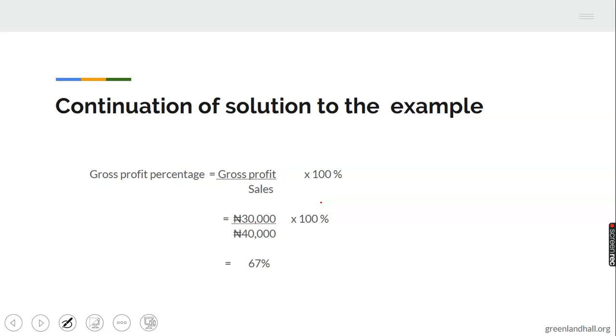The next one we'll be looking at is gross profit percentage. Gross profit percentage is determined by dividing the gross profit by sales, then multiplying by 100%.